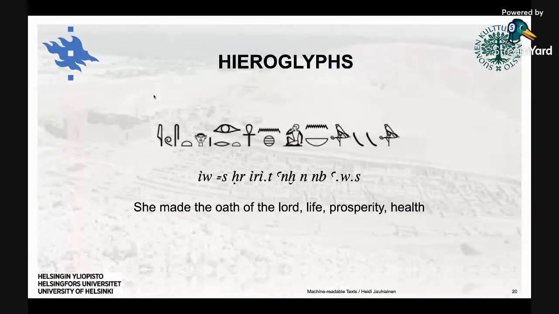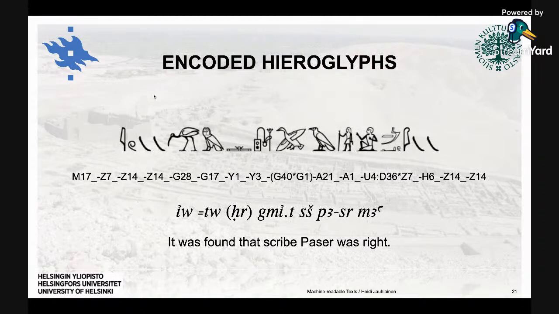And in order to display the signs properly in books, the hieroglyphs are nowadays encoded with Latin letters and numbers so that computers can handle them. And this is different from transliteration. Transliteration does not tell the position of signs in regard to each other, nor does it tell which signs were actually used for the word.